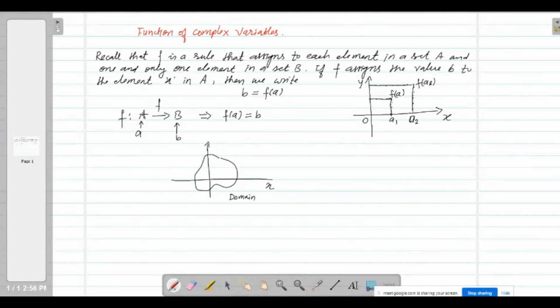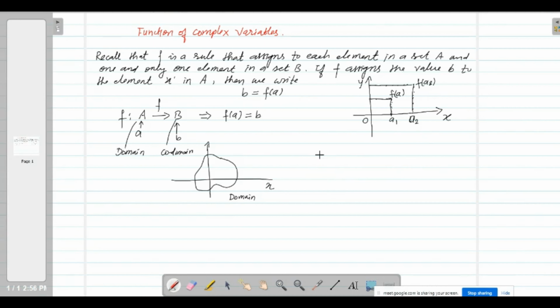A is known as the domain, and B is known as the codomain.